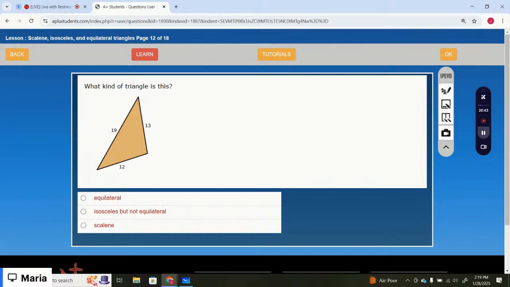What kind of triangle is this? Equilateral, isosceles, scalene. That is the scalene triangle.